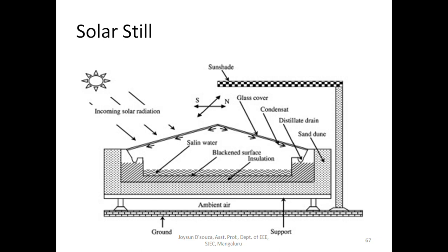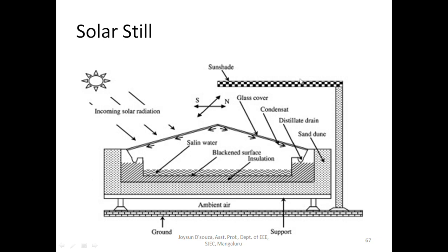At 100 degrees centigrade, the water only and not the salt gets converted from liquid state to gaseous state, and it rises up. Obviously the gas rises above the liquid, and it gets trapped here. The glass does not allow it to go outside, so the steam will be trapped here, touch the glass and get converted.